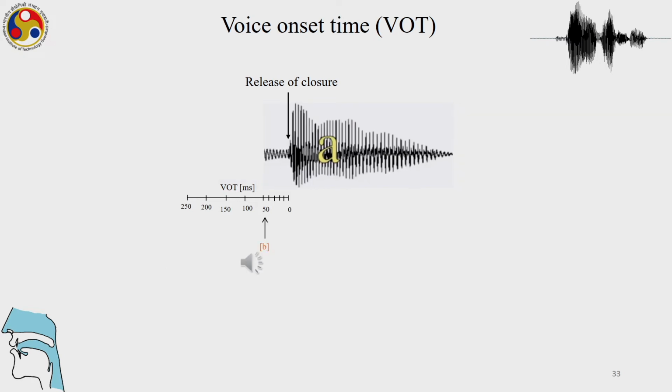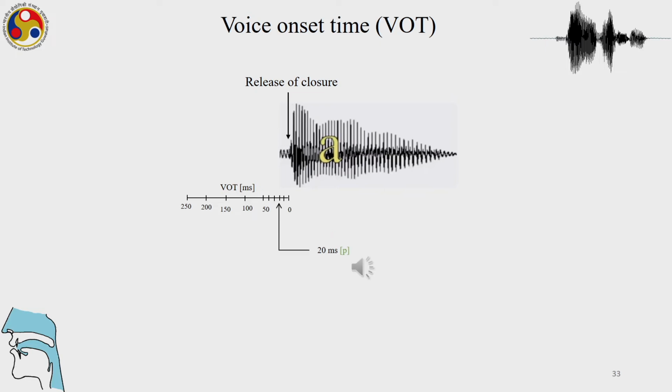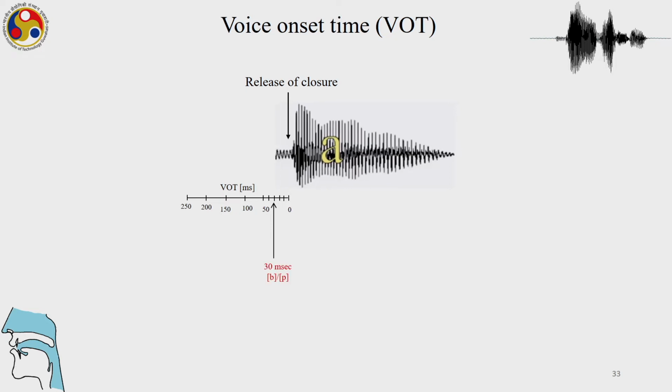Pa. Okay, so at 10 milliseconds and 20 milliseconds, what you heard must be the same sound, and what you heard at 50 and 250 must be the same sound. So that is what is called categorical perception of sounds, and VOT, voice onset time, is supposed to be a very significant cue for voicing across languages.